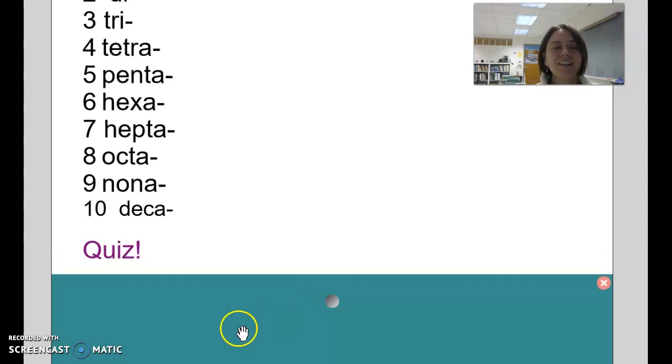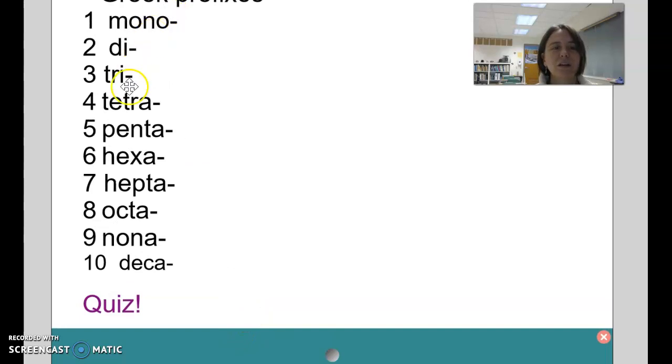We're going to have a quiz on these, so I would recommend starting to memorize these words. You should know quite a few of them already from life and from geometry.